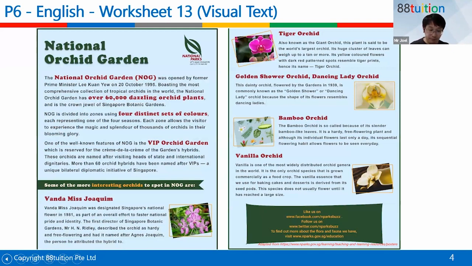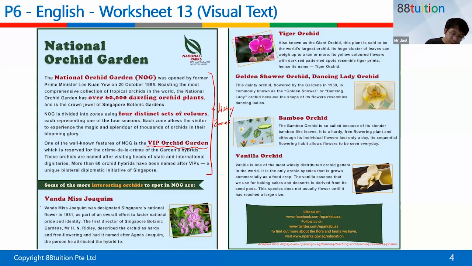And in the first section here, it gives you a bit of a history of the National Orchid Garden, and then it tells you how it is separated into 4 different zones. And then after that, it highlights this VIP Orchid Garden, for you to have a look over there, where all the most famous orchid blooms are.